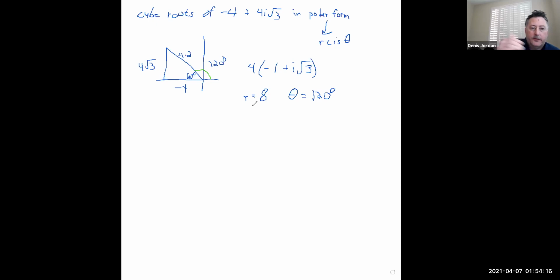Okay, so now you can start to go into your formula. So now you can start to cube root stuff. You're going to cube root the R, and then it's the CIS.